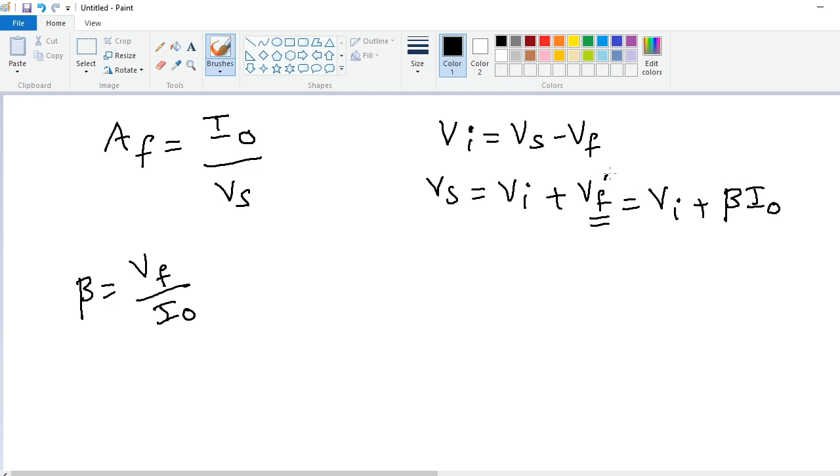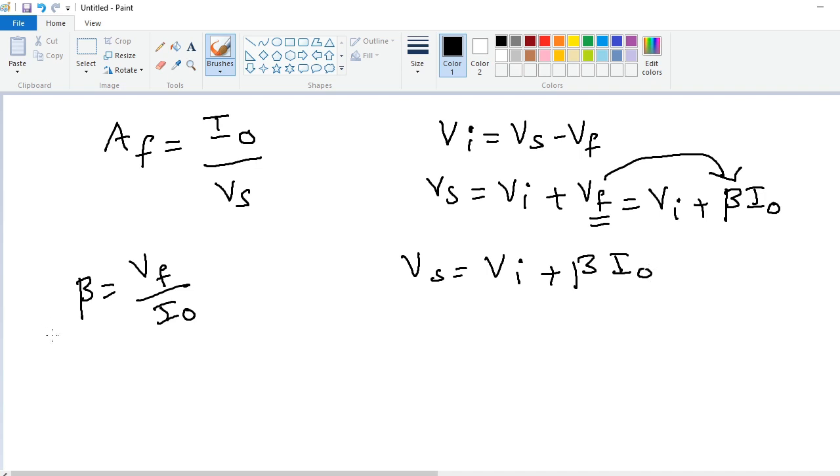Not V naught, beta into I naught. Why? Because beta is equal to Vf by I naught. Now, Vs is equal to Vi plus beta into I naught.